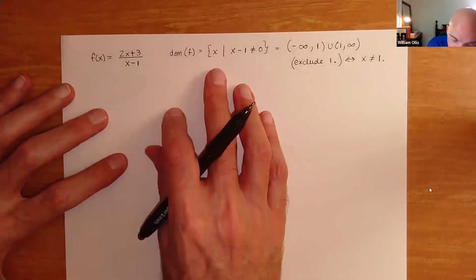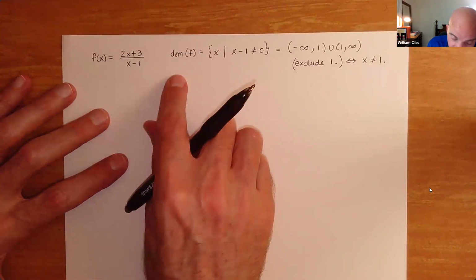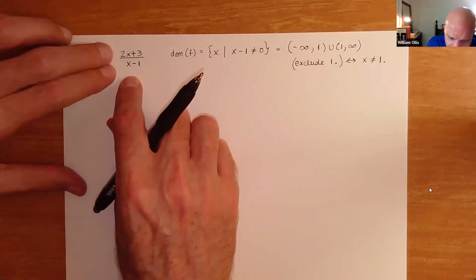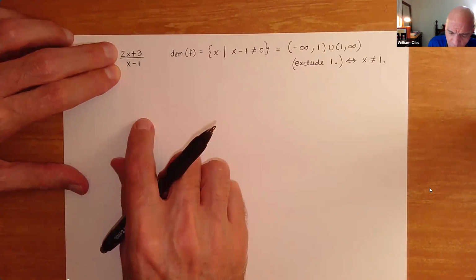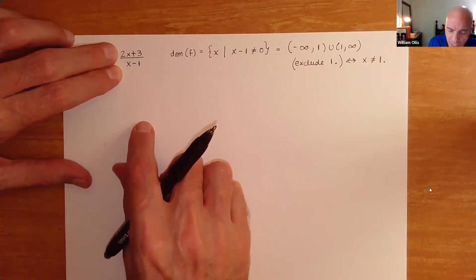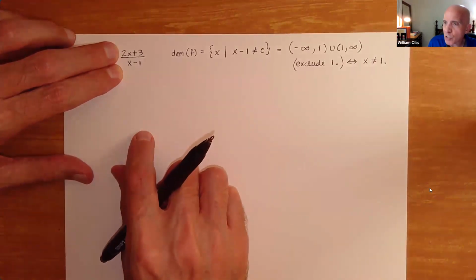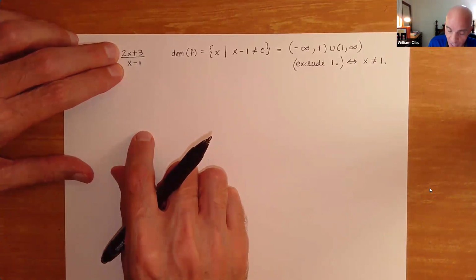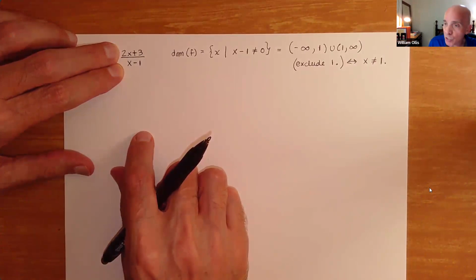So another thing that you might notice, because of what I just said, is that we have this neat little ratio here, 2x to x, because these are what we call the dominant terms. The degree of the numerator is 1. The degree of the denominator as polynomials is also 1. So the dominant terms are 2x and x, and that ratio is actually 2.